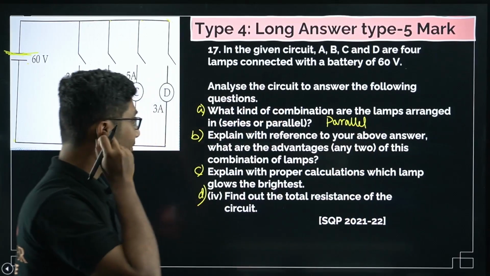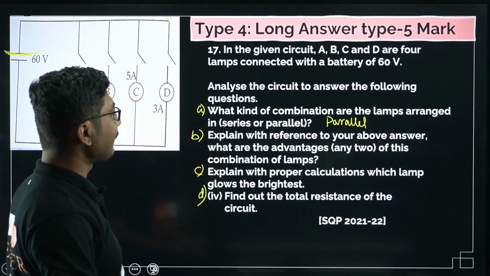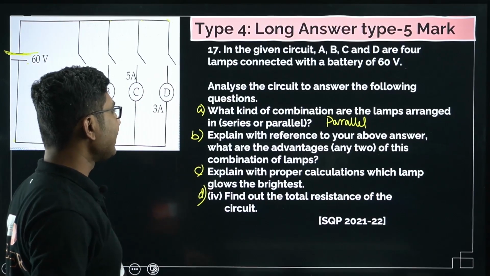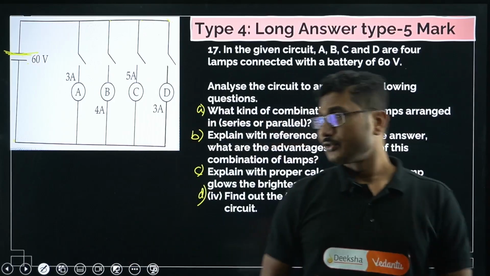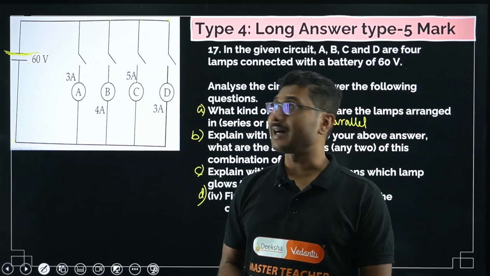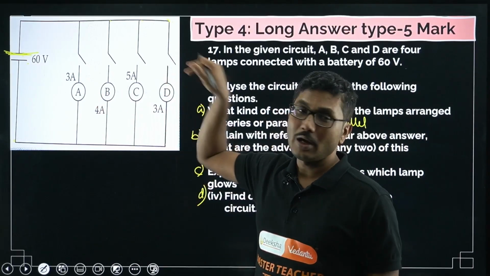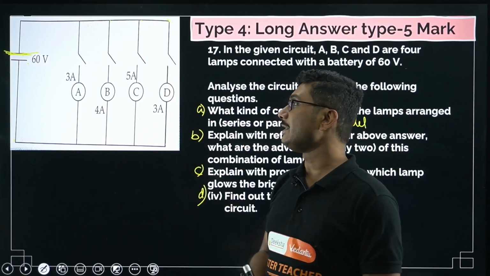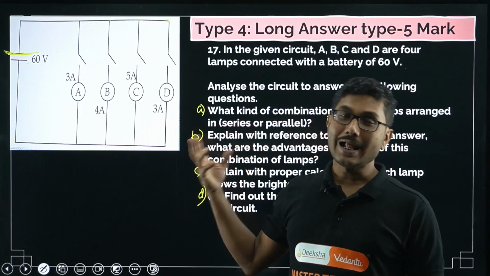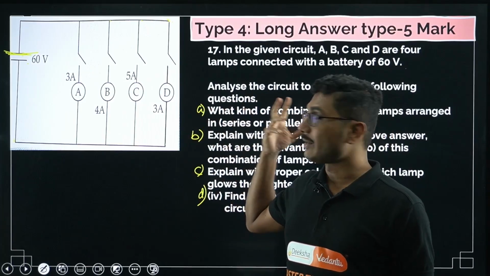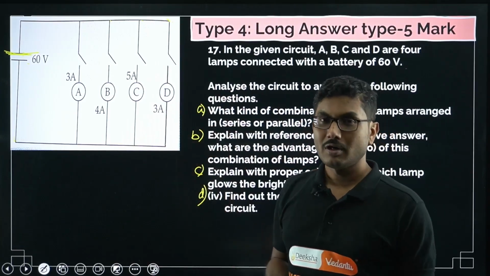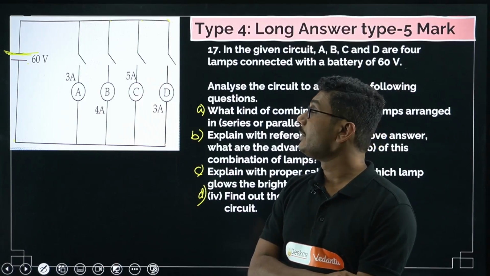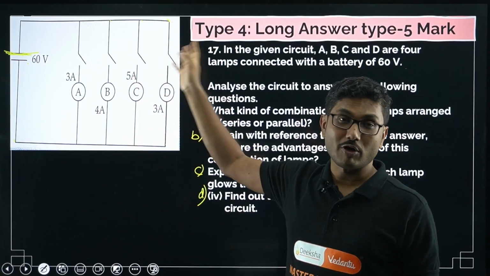Next, explain with reference to your above answer the advantages of any two of this combination of lamps. The advantages are, first of all, each of them will function independently, that is each of them will glow with their maximum possible brightness. They will not dim. The current will be individual for all the components, right?